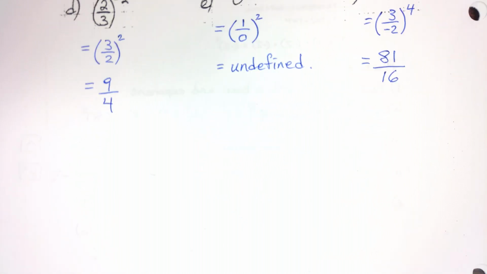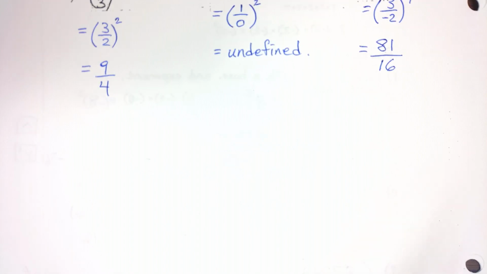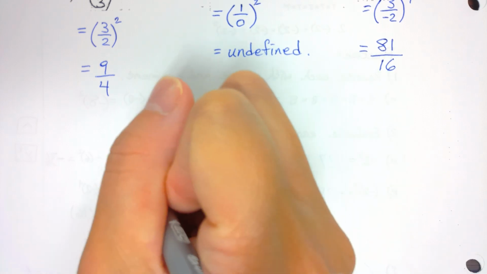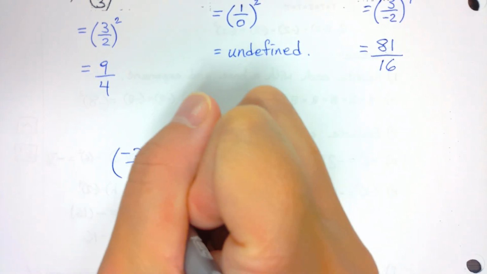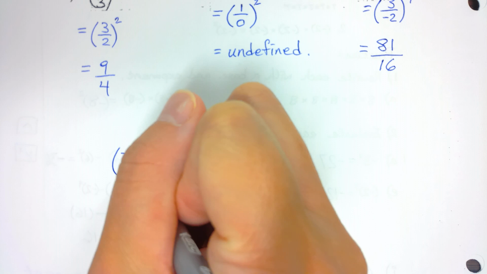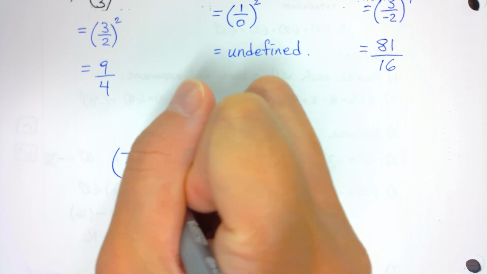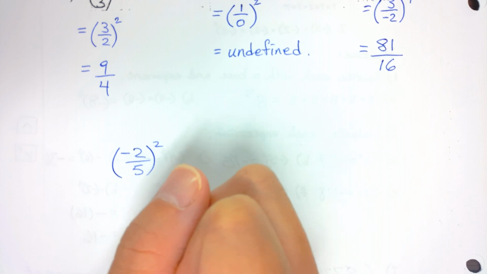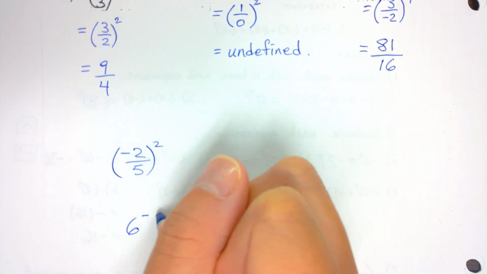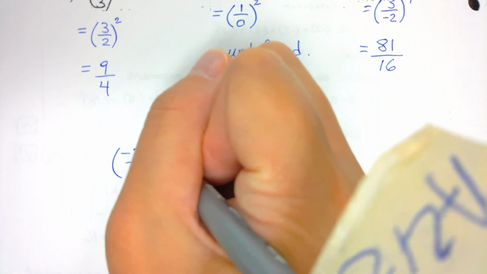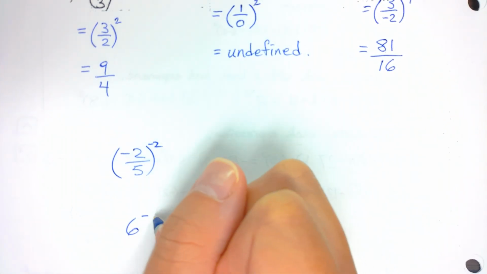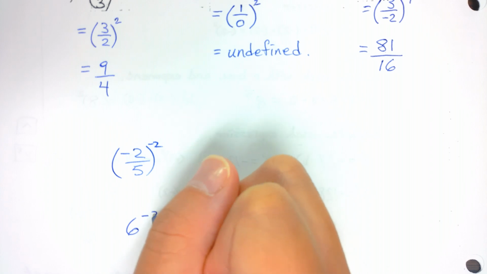Okay, so let me just do one final one. You guys try this one. -2 over 5 squared and 6 to the negative, wait, negative. Sorry. 6 to the negative 3.